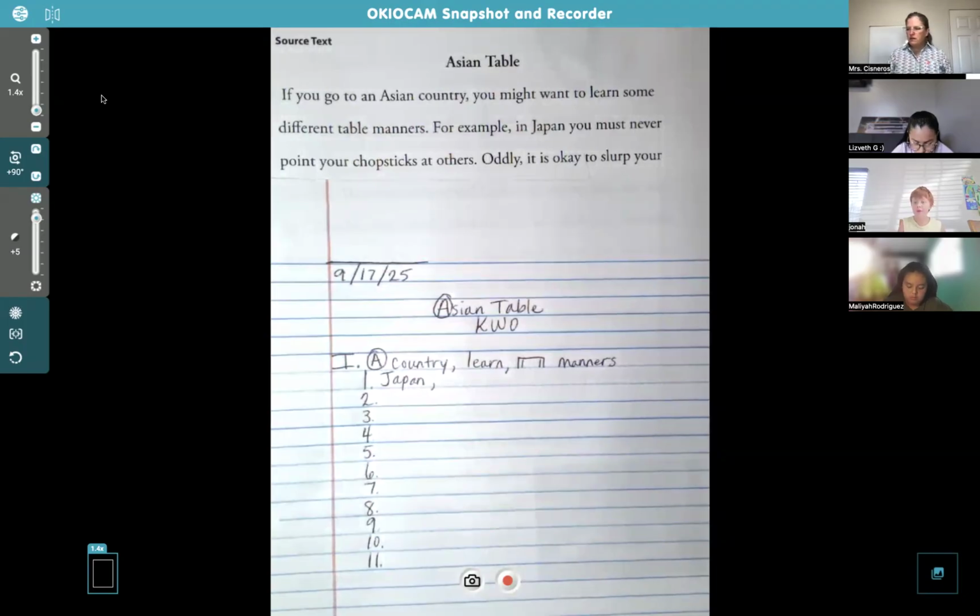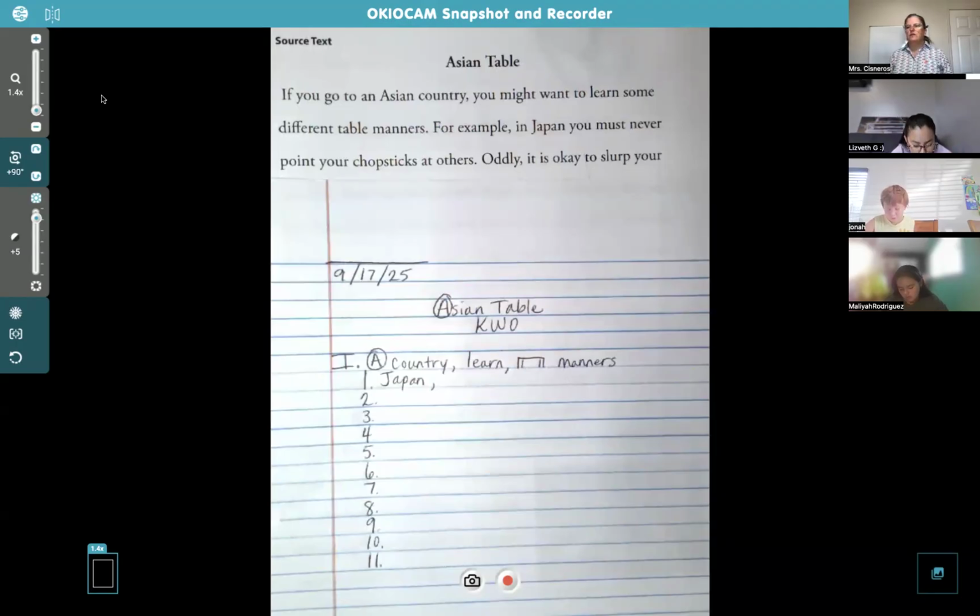Yeah. Then maybe we could do like a point symbol, like pointing. Then we could do chopstick. Yeah, I like that. And anybody have any other ideas about never point? How could we show that a different way, maybe?